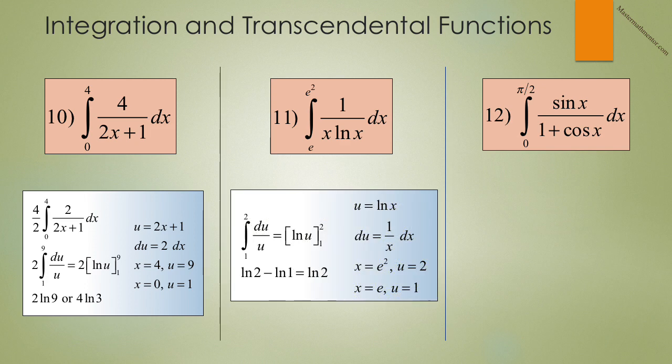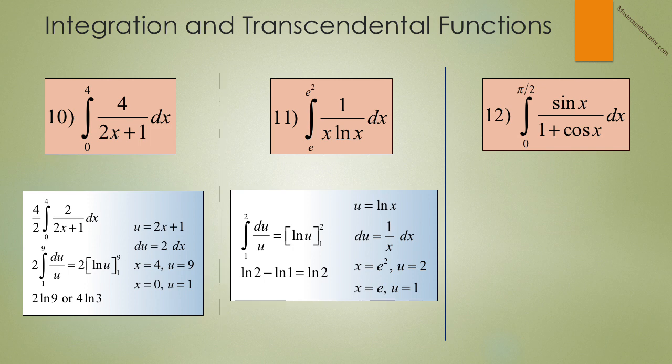Number 11 reads the integral from e to e squared of 1 over x natural log of x dx. We let u equal natural log of x and du is equal to 1 over x dx, which we already have in the problem. So this problem becomes the integral of du over u. We can change the limits. If x is equal to e, then u is equal to 1.